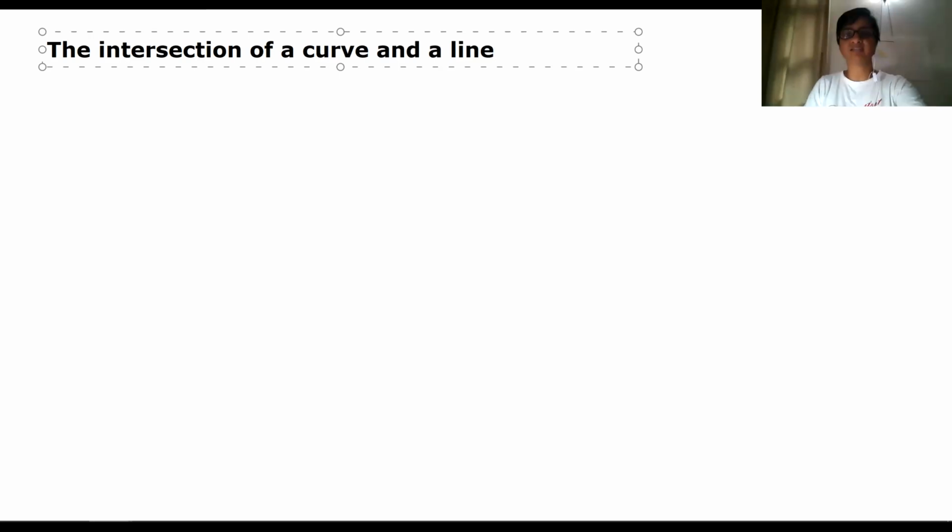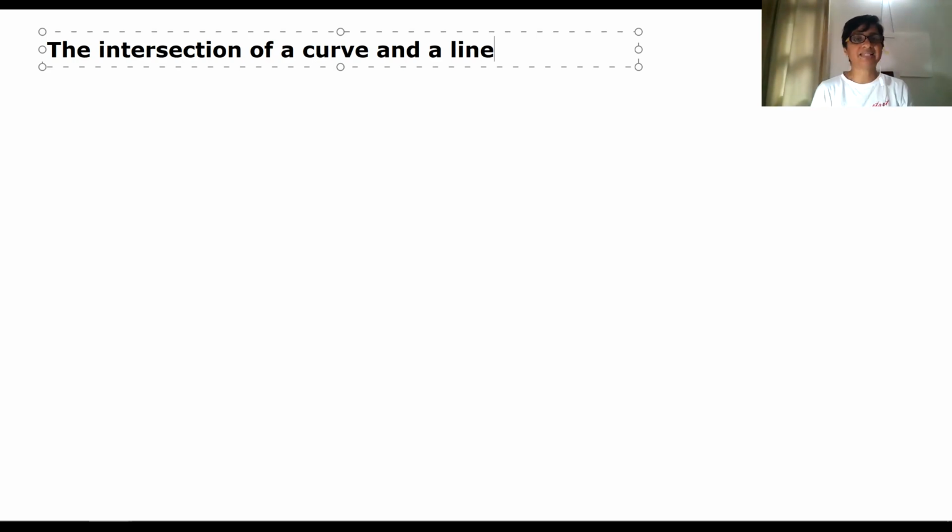Earlier we did the intersection of two lines, and I said that what we did there can be generalized to the intersection of any two things. What other things could there be? It's lines and curves. You can have straight lines. If something is not a straight line, it's a curve then. There can be many different kinds of curves: parabolas, circles, weird looking curves, waves like sine curves.